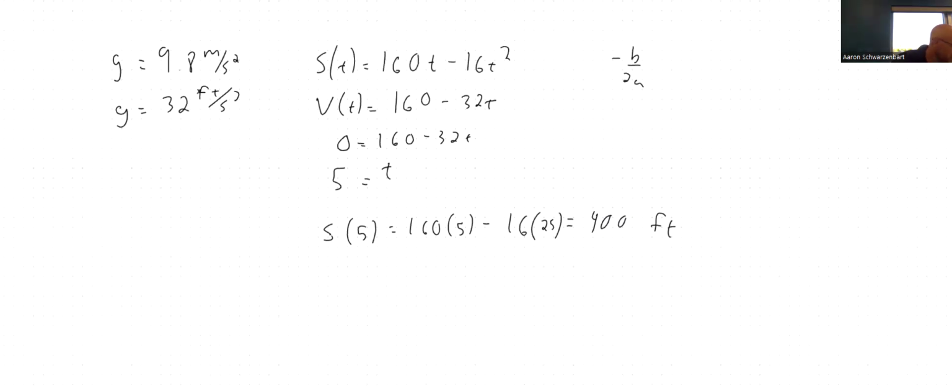It asks, what is the velocity and speed of the rock when it is 256 feet above the ground, on the way up and on the way down?